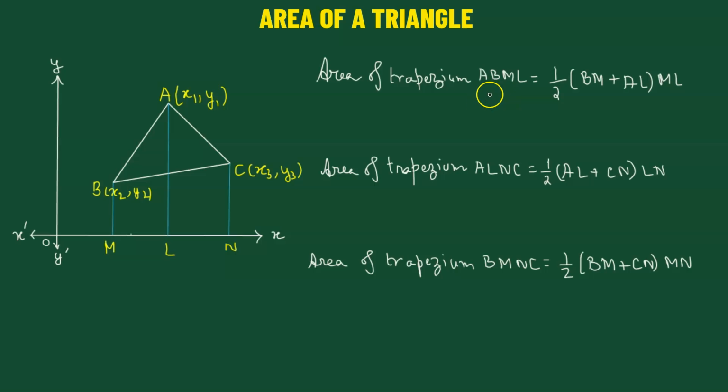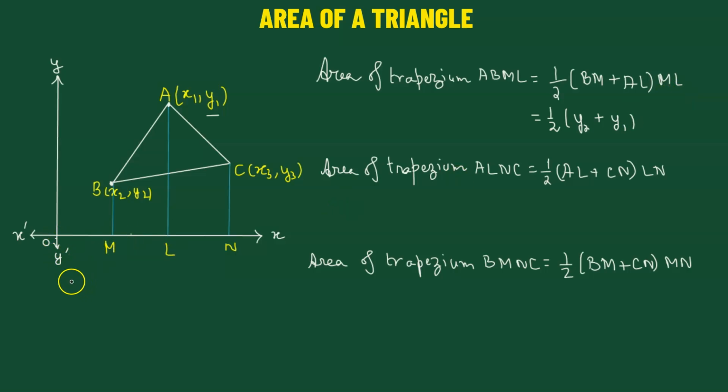Let's start with the area of trapezium ABML. Here we have half times BM. BM is the height, which is given by y2. So that will be half multiplied by y2 added to AL. AL, the height of the point A, is simply the y coordinate, y1. And this will be multiplied by ML. What is ML?